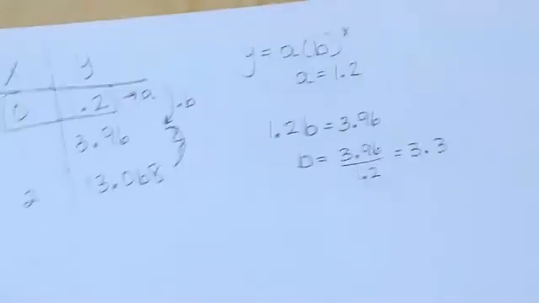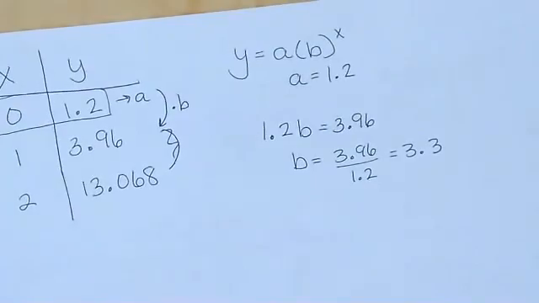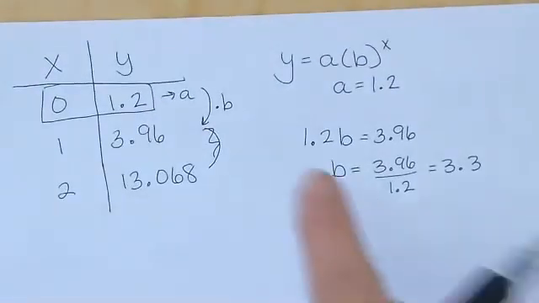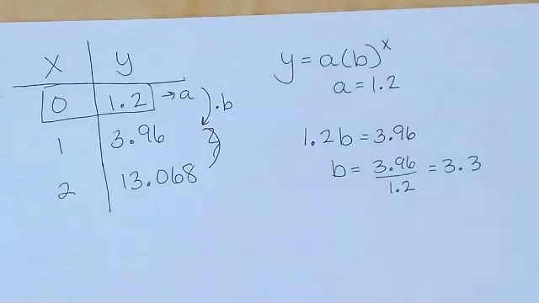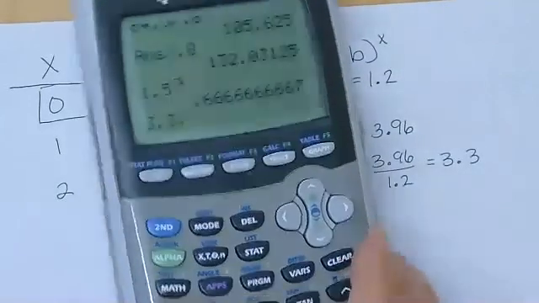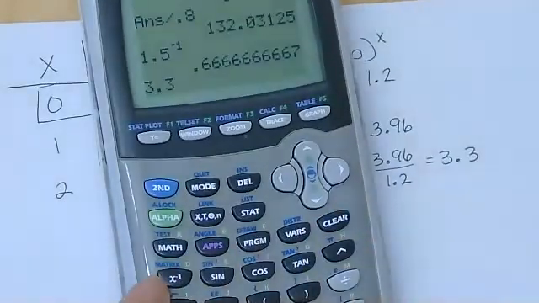And we knew that B had to be greater than 1, so that's a number that is reasonable. If you divide it backwards, you would get the reciprocal of 3.3. And remember that on your calculator, you could quickly find a reciprocal by hitting that x to the negative 1 key.